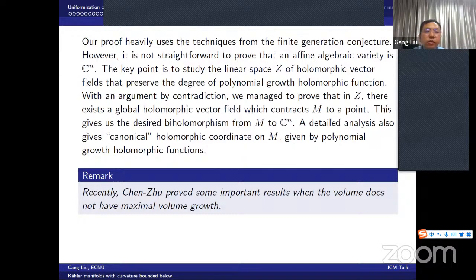The key point is to study the linear space of holomorphic vector fields that preserve the degree of polynomial growth holomorphic functions. A detailed analysis gives us the canonical holomorphic coordinates given by polynomial growth holomorphic functions. A remark is that recently, Chen and Zhu obtained some important results when the manifold does not have maximal volume growth.